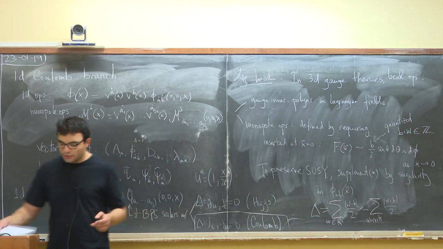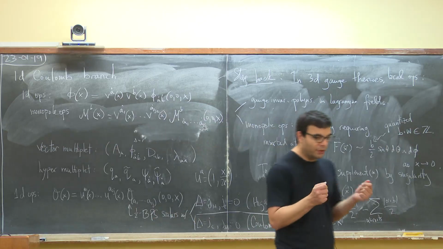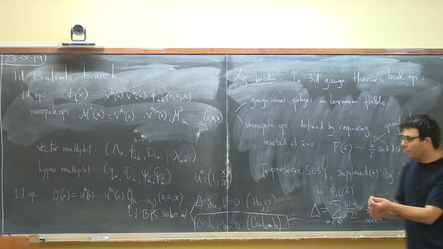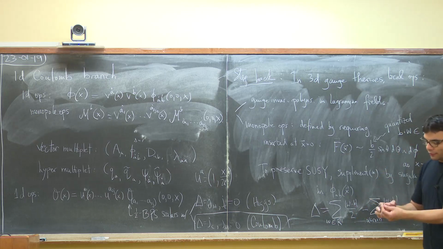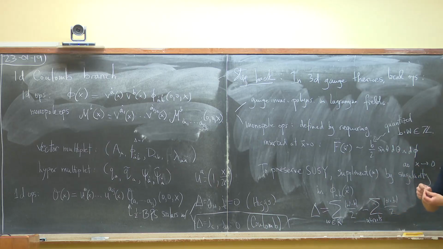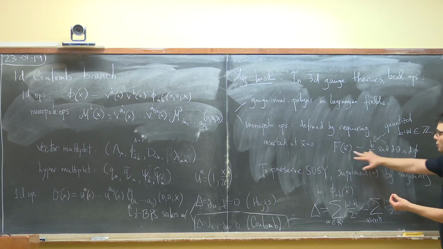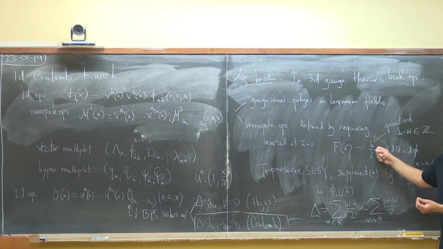Usually we integrate over the smooth configurations of fields in the path integral. If we want to insert the monopole operators, we integrate only over those fields for which the gauge field has this profile close to the insertion point. If we want a supersymmetric monopole, the gauge field should obey this condition, but the scalars in the vector multiplet should also blow up like 1 over x with a coefficient proportional to b.